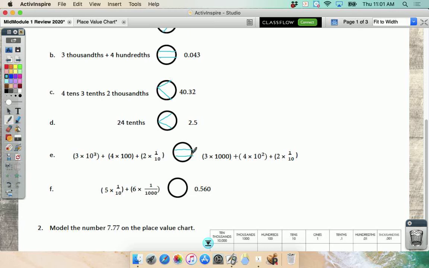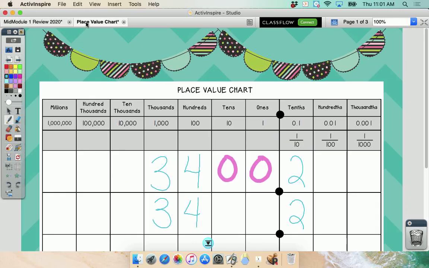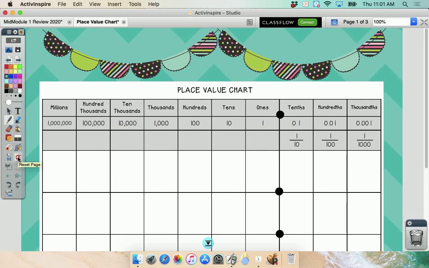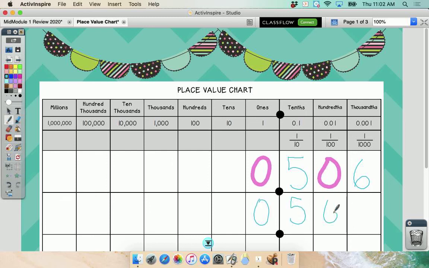5 times 1/10 and 6 times 1,000. So 5 in the tenths place and 6 in the thousandths place. All right. And what are we comparing it to? 0.3. How do you say this number right here? 560 thousandths.